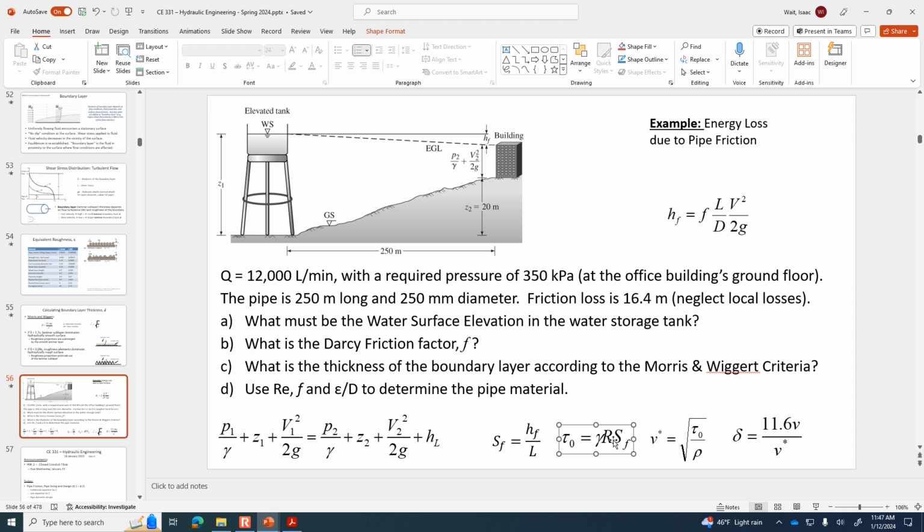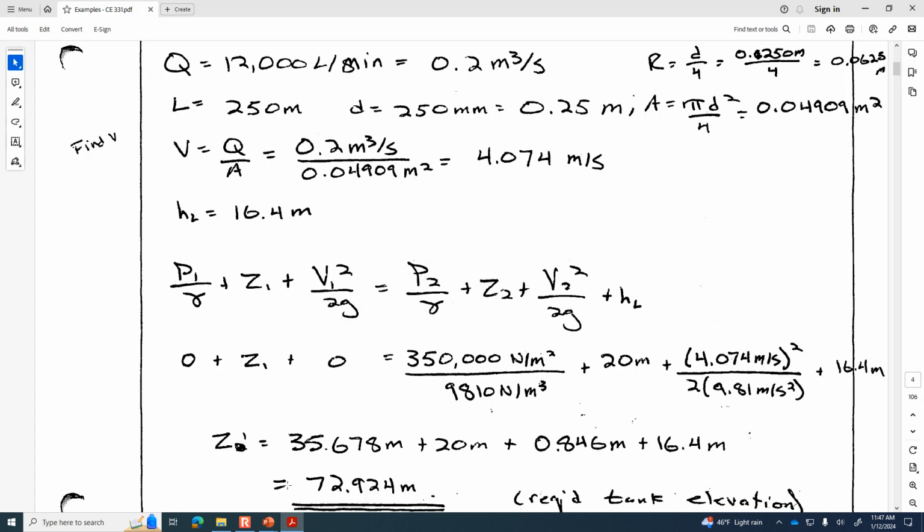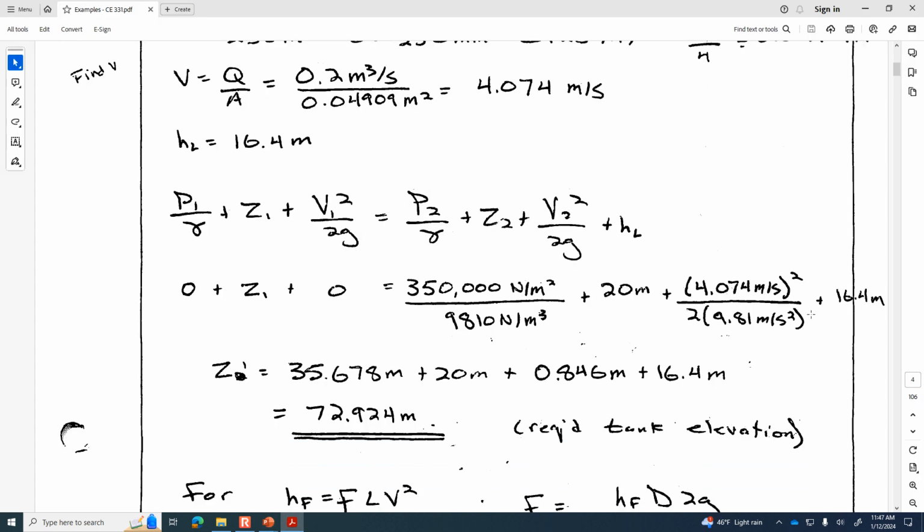And so the shear stress requires the slope of the energy grade line. Luckily, we know both the h_f and the L. So let me just refer to this in the PDF. Maybe that'll be easier than writing it on the bottom of the whiteboard.